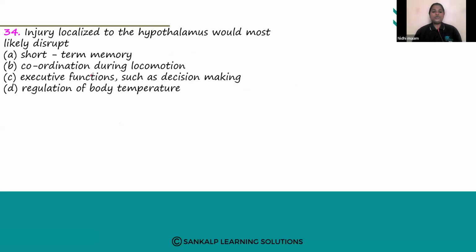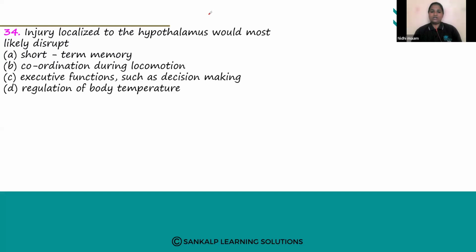Next, injury localized to the hypothalamus. So a person got injured in his hypothalamus region; it would most likely disrupt what? Short-term memory, coordination during locomotion, executive functions such as decision making, or regulation of body temperature. So when a person's hypothalamus is injured, what may happen to the person? Which factor will be disturbed in him?